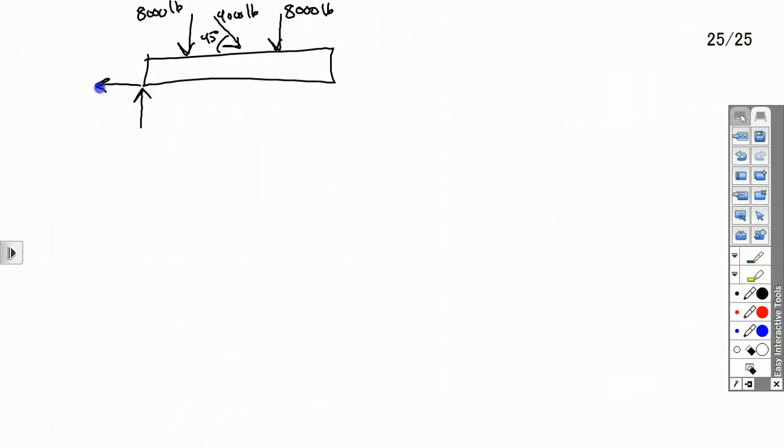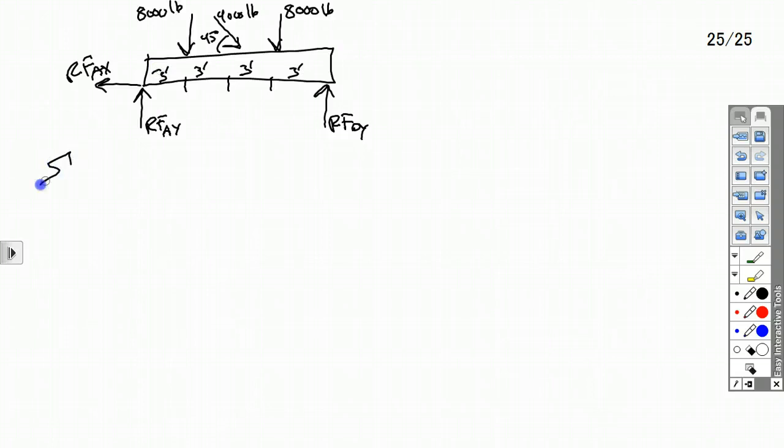I had a force coming out, force coming here, force coming here: RF AY, RF dy, RF AX. Now the distances on the diagram give us everything at 3-foot intervals. So this is 3 feet, 3 feet, 3 feet, and 3 feet. Kind of makes things easier for us.